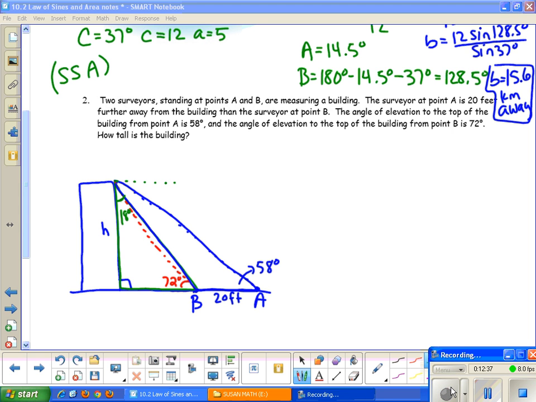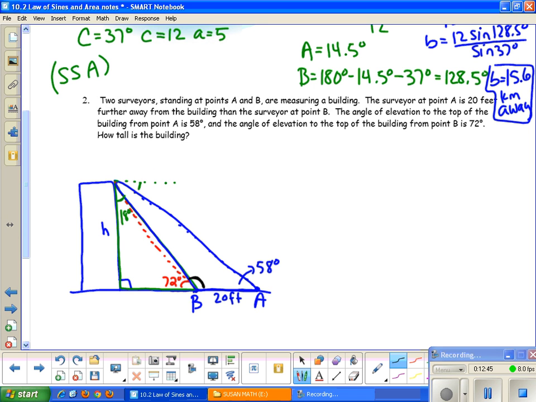But that 90 degrees doesn't help me because I don't know what this distance is right here. I do know this angle measure, because we can use supplementary angles. 180 degrees minus 72 degrees is equal to 108 degrees. So this measure here is 108 degrees.